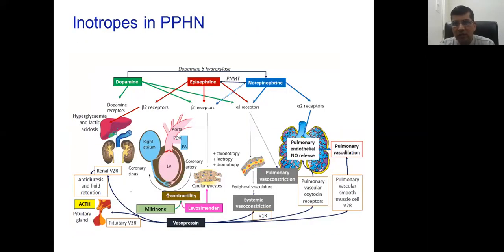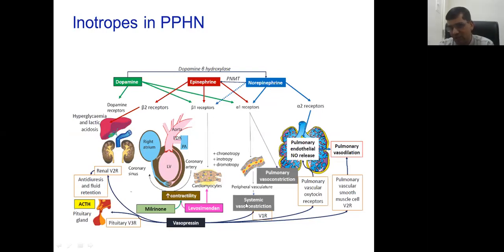So I told you these two drugs, norepinephrine and vasopressin. Norepinephrine, as you know, has alpha receptor action as a systemic vasoconstrictor, and there is also alpha 2 receptor which leads to nitric oxide release and vasodilation.